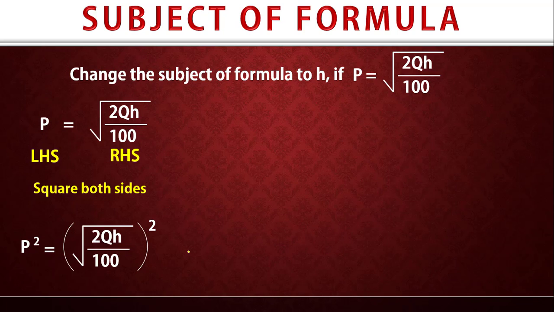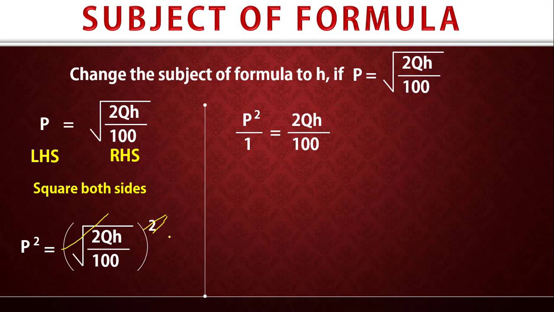The next thing to do now, the square will cancel out the square root, and what we have left at the right hand side will only be 2qh over 100. On the left hand side we have p square over 1. The reason we said over 1 there is because of the fraction at the right hand side, which is 2qh over 100.